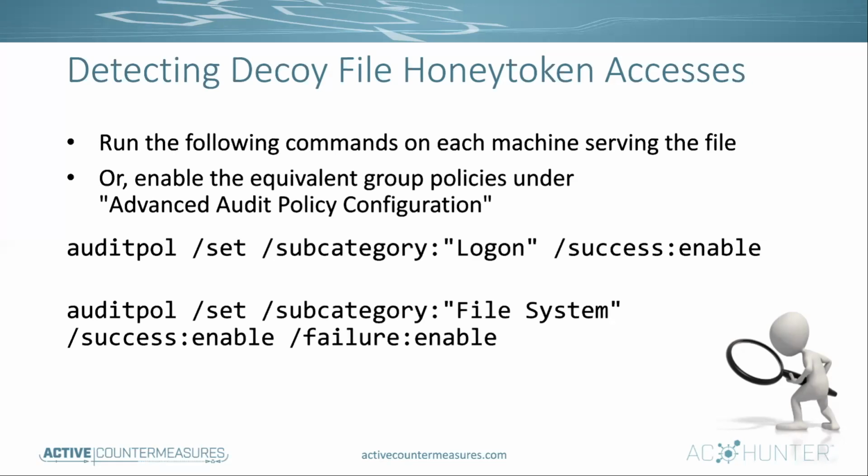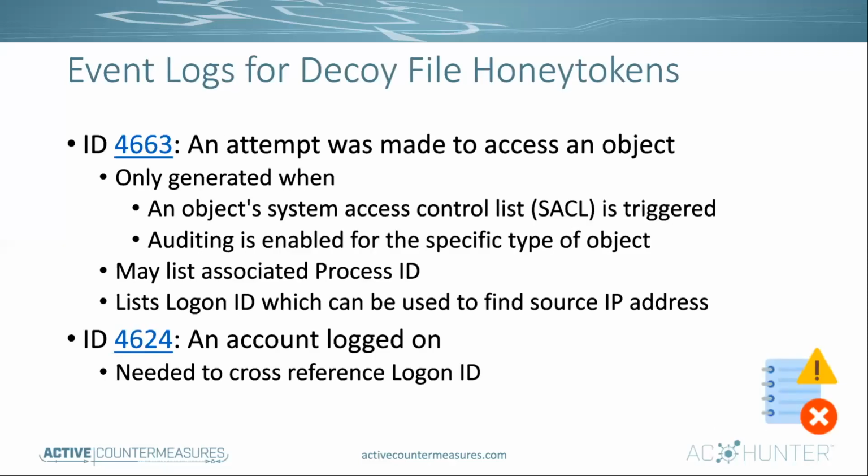Well, one good reason for that is that the file system events include a logon ID, which you can correlate with the logon events. And then from there, you can correlate that with an entire user session. So it gives you a lot more to jump off of rather than just the original file system event that we'll be looking at. So the two logs that we're going to be looking at are 4663 and 4624.